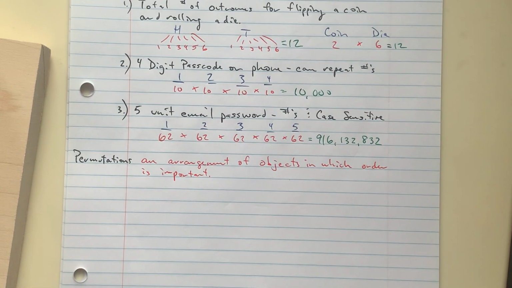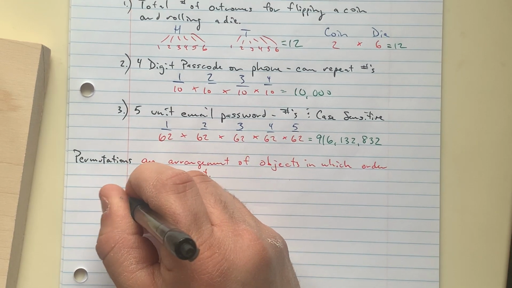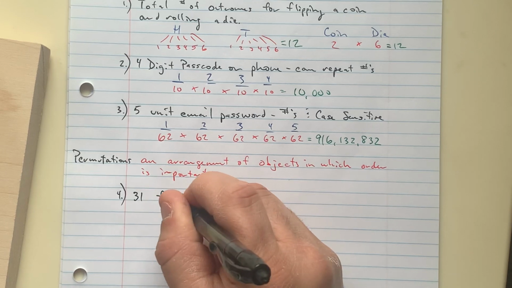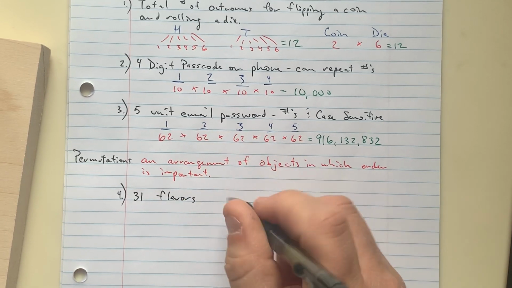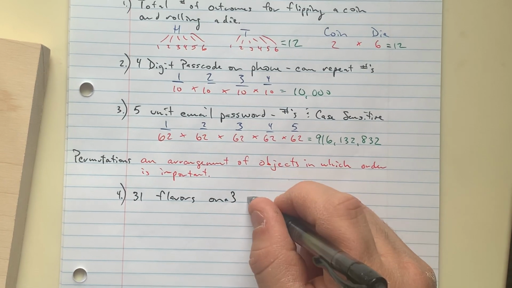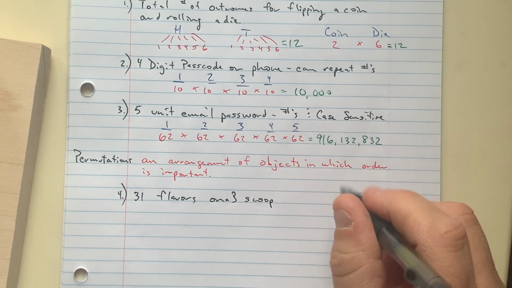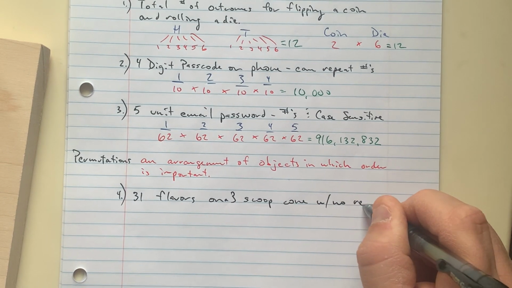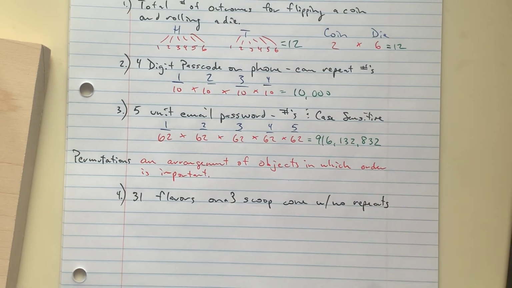So let's say you go to Baskin Robbins. They've got 31 flavors on a 3 scoop cone with no repeats. You've got to get the flavor everywhere.